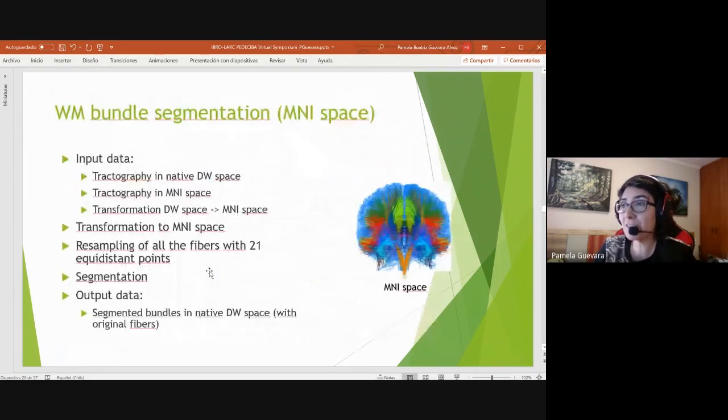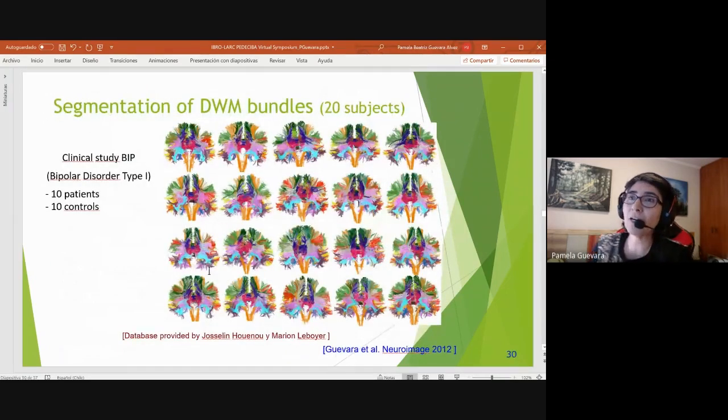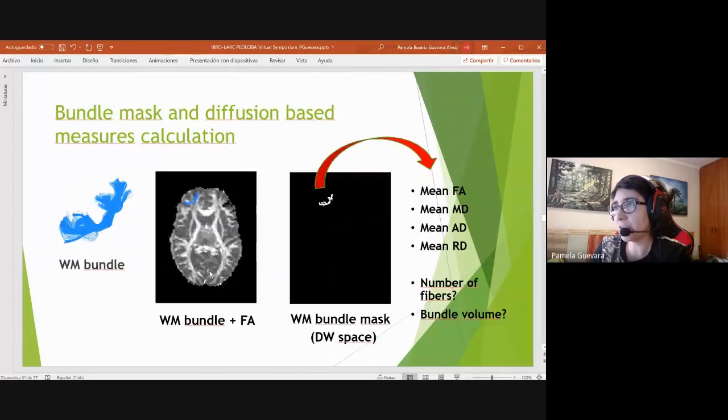It was very long, just to give an insight of how much time it took. For example, only to process the tractography, it took 2 or 3 months. And just to apply the algorithms to the calculation, it took about 5 months.